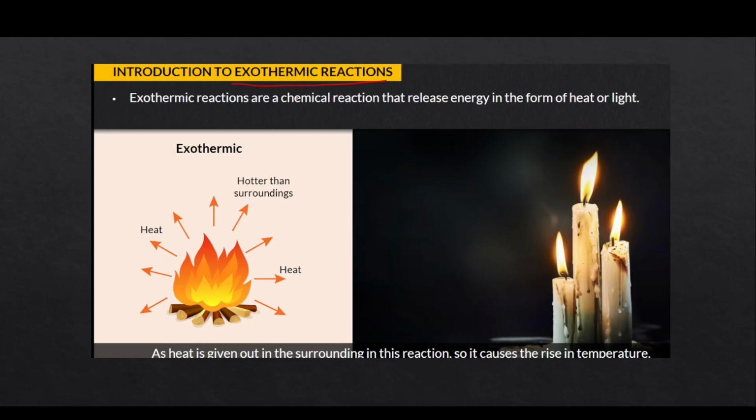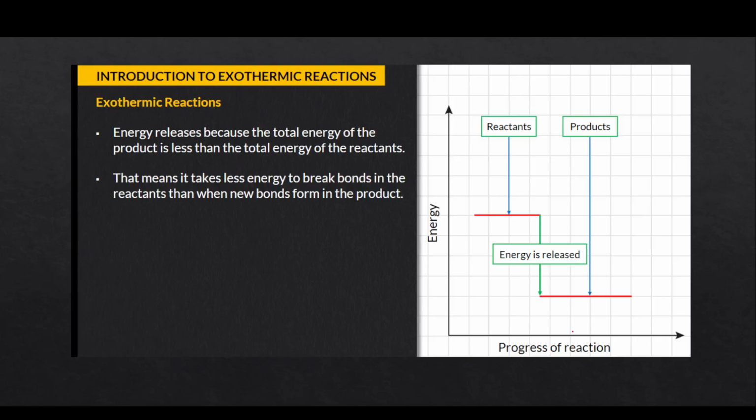Then exothermic reactions are chemical reactions that release energy in the form of heat or light. Like here, heat is given out to the surroundings in this reaction. Because heat is released into the surroundings, it causes a rise in temperature. This is how the graph looks. Energy is released because the total energy of the product is less than the total energy of the reactant.